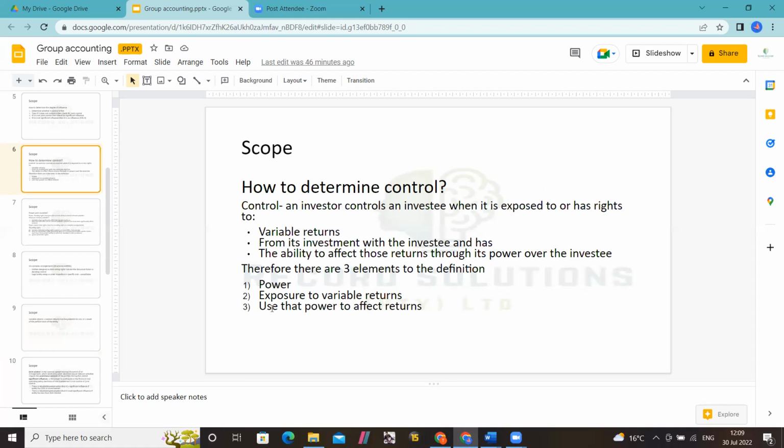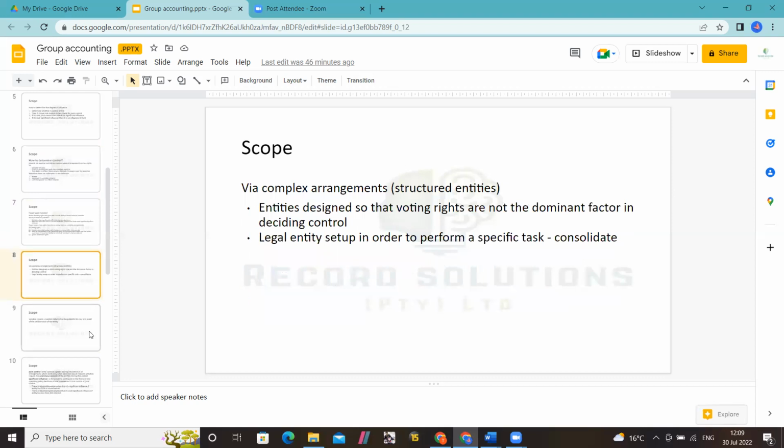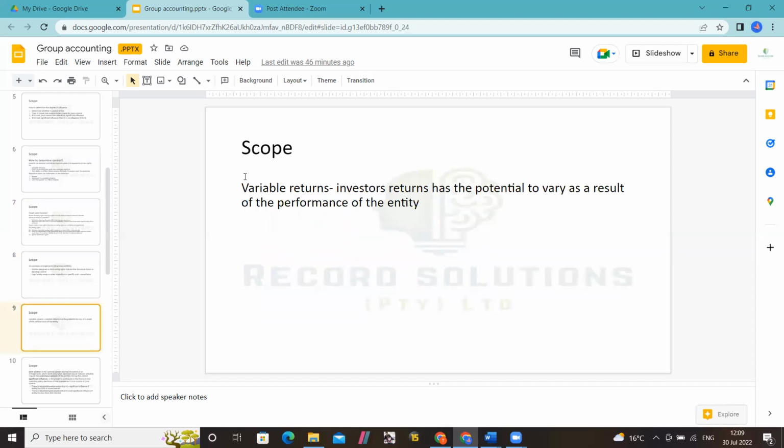And then the last one is linking these two: you can use that power to affect returns. So not only do you have power over the investee, and you are sure that the investee earns variable returns, but through that power you can actually earn these variable returns.